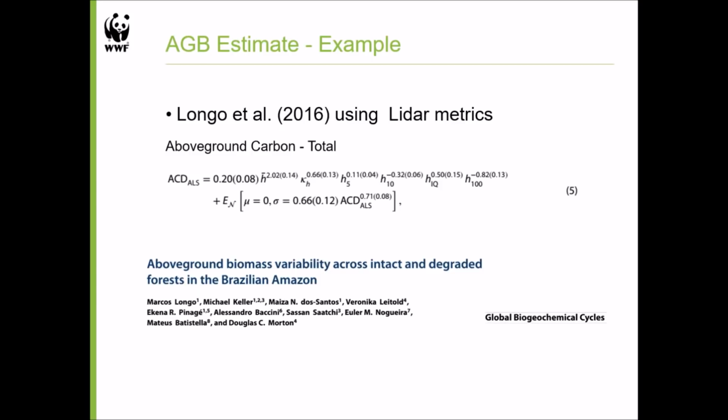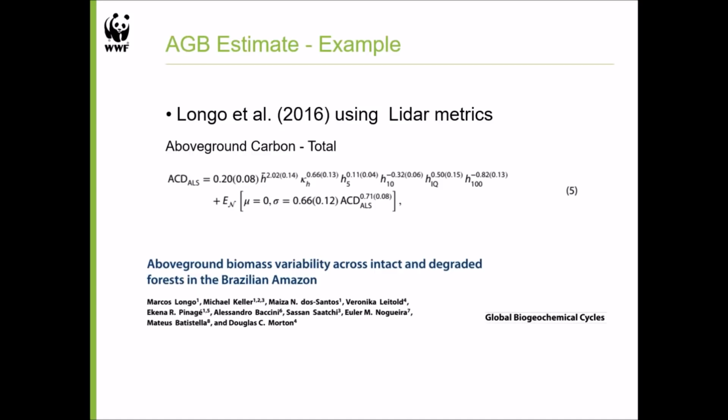We use the kurtosis parameter, and the H5 and H10 are the percentiles. Percentile 5 is the height that will contain 5% of the points.